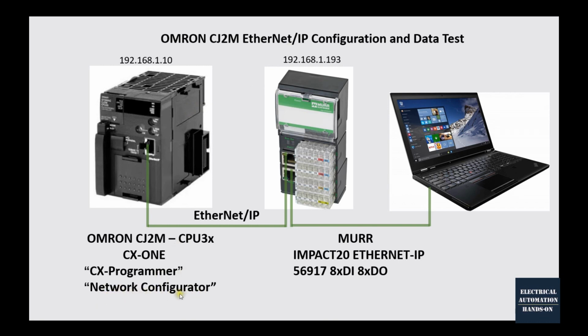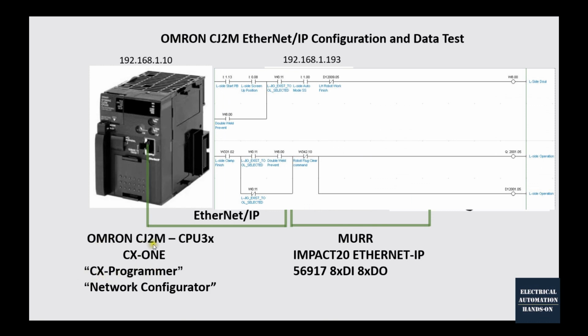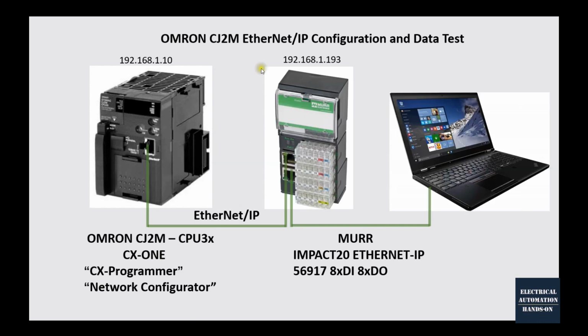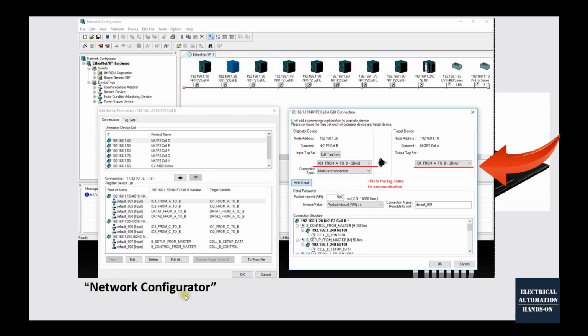configurator, this tool. OMRON within the CX1 is the actual PLC programming software, that is CX Programmer. The CX Programmer, especially for this CJ2M, mainly programs with absolute addresses, which is a little bit old style. And when we build up the Ethernet IP communication, especially when we use this network configurator, we mainly set up the name-based connection.